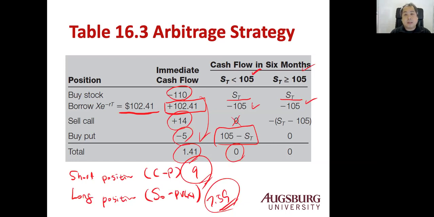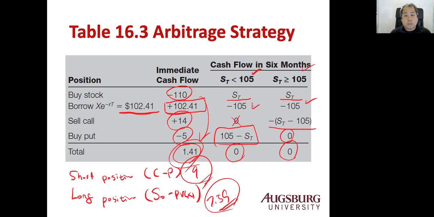If the stock price is above the exercise price, then the call option will be exercised, because you sold the call, you have to pay this, and there is no payoff from the put, so it's 0. So you receive $1.41 today, and a year later your payoff is 0. So it actually offsets each other, hedging.